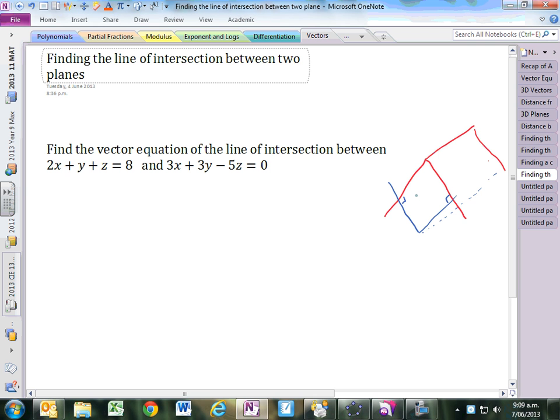And how are we going to get that? What is the process that we did? Cross product, yeah. Okay, so let's try and get some cross products. So first of all, why did I talk about the normals and not just talk about those lines over there?